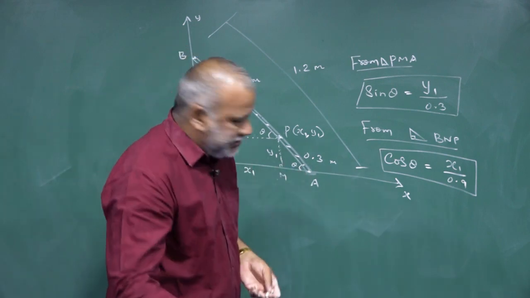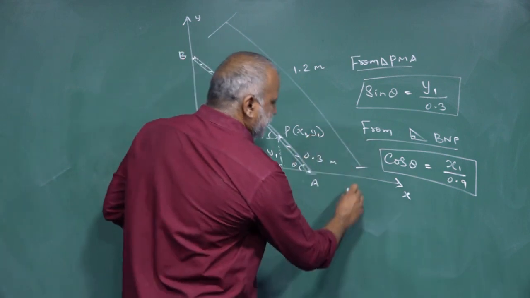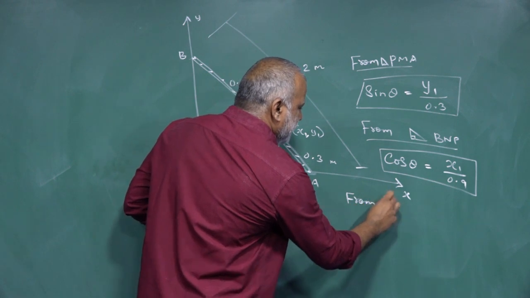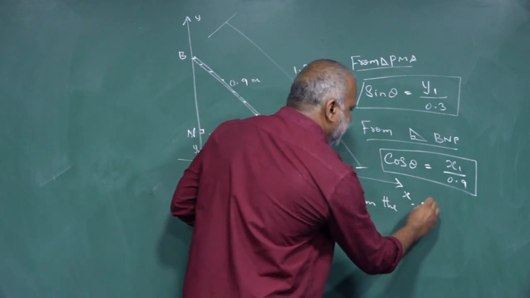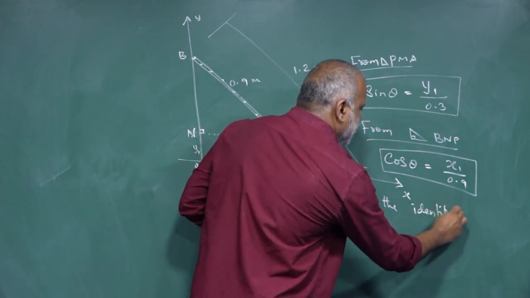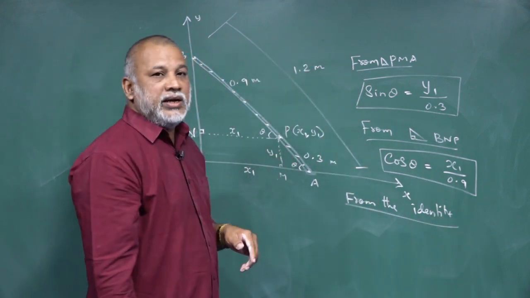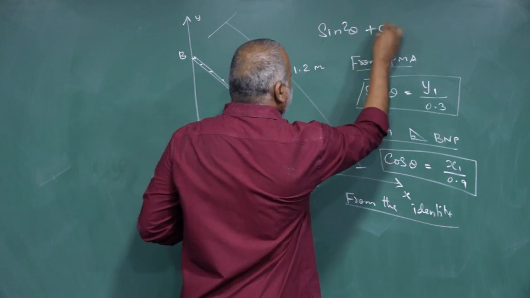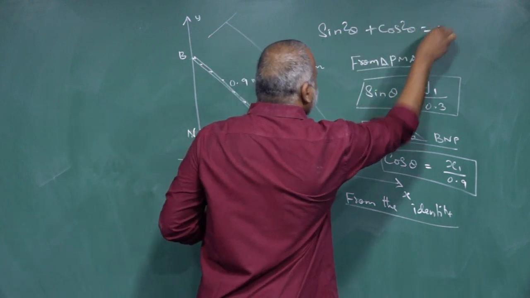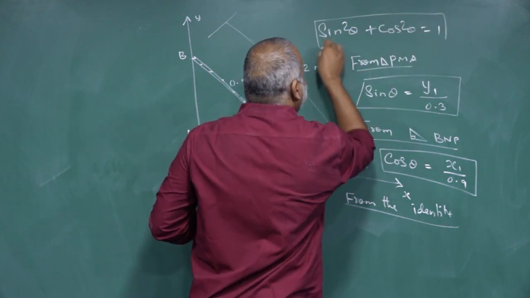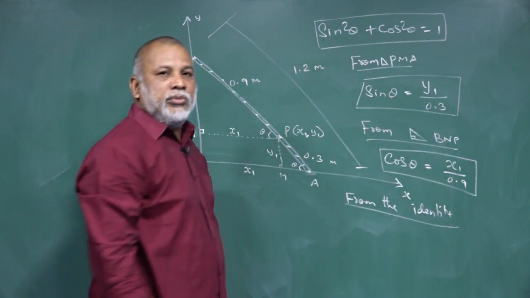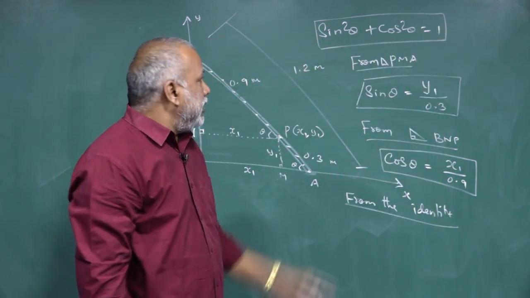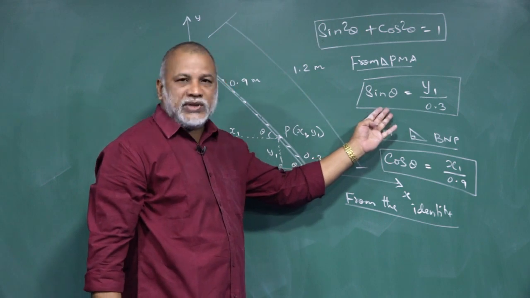So from the identity, what is the relation? We already have sine square theta plus cos square theta equal to 1. Use this identity. In this, what is the value of sine theta?